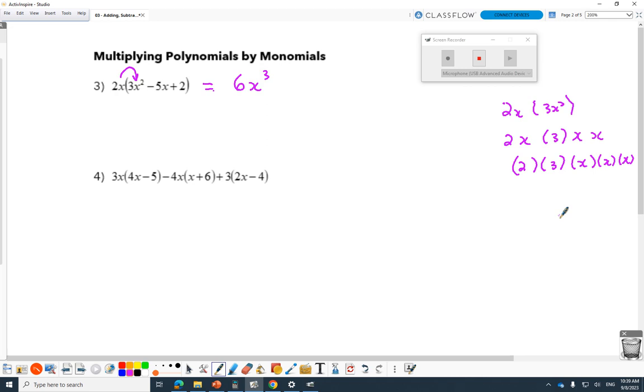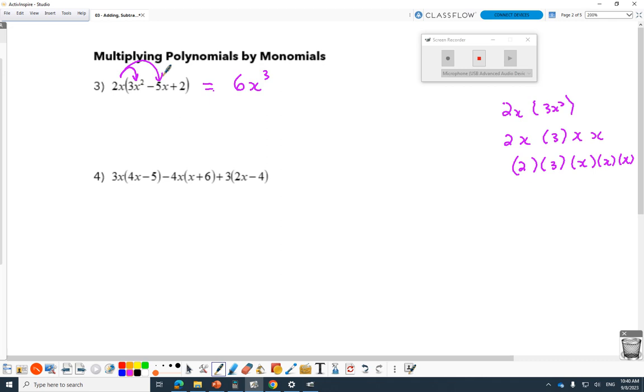How about this one? 2x times subtract 5x. Isn't that subtract 5? Is this subtract 5x? Or is it negative 5x? It is now, right? When you first read it, it's subtract. When you go to multiply, now you think of it as negative 5x. So is it subtract or is it negative?